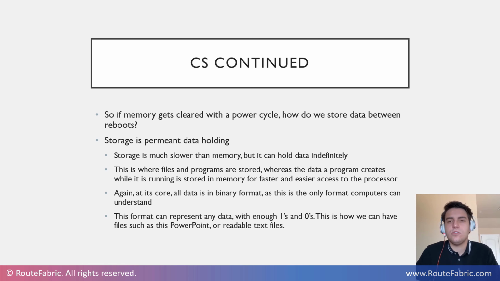As humans, we generally think in a base 10 kind of format, but you can represent base 10 numbers in ones and zeros if you have enough room for it. Because of this, we're able to have files such as PowerPoint files or readable text files. It's really just a sequence of ones and zeros, and if you have enough ones and zeros, you can represent any data.